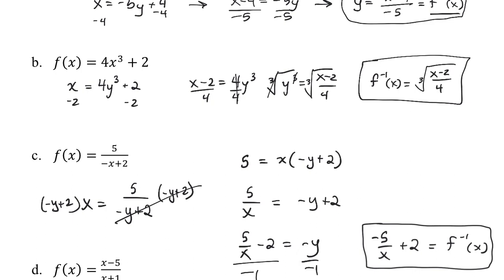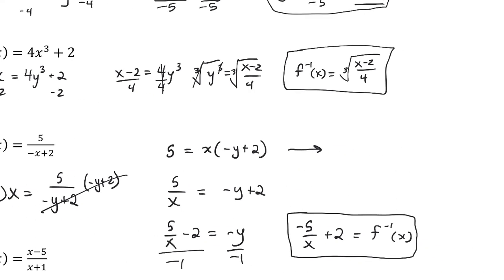So if you were to distribute the x, it would be 5 equals negative yx plus 2x. Remind me again, what is it we're solving for? Y. The point is to get y all by itself. This term does not have a y, so I'm going to move it over here by subtracting, leaving the only term here as negative yx.